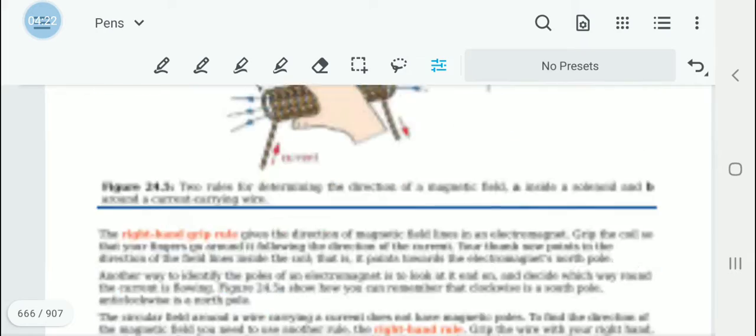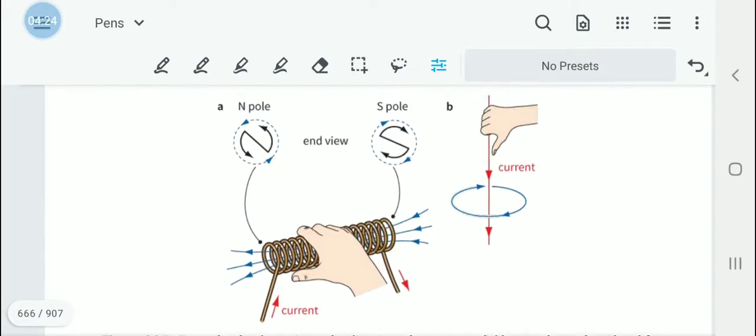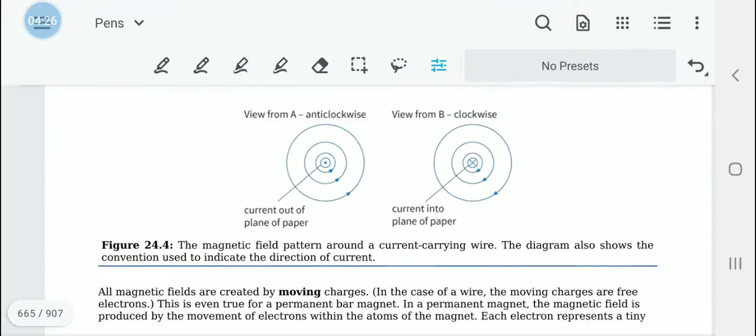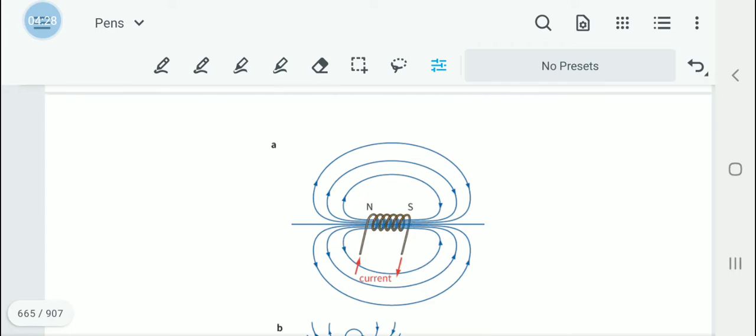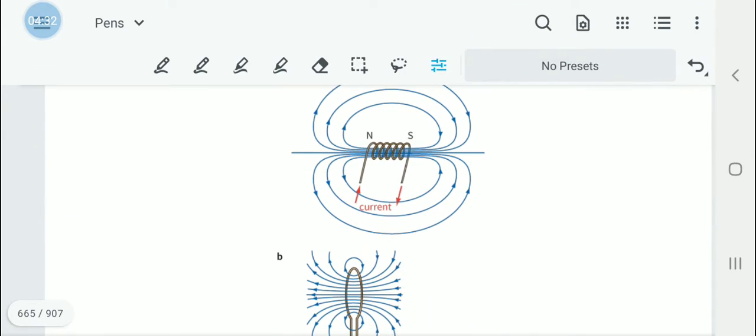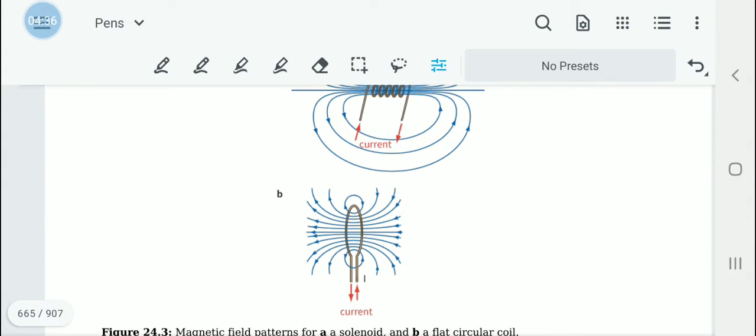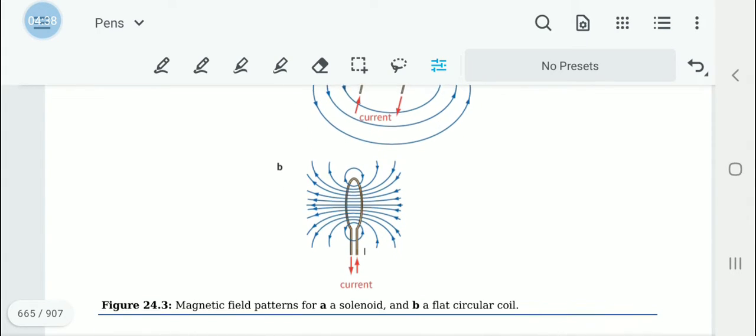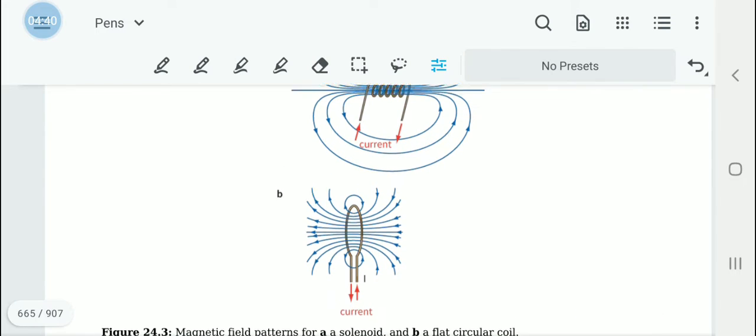Then a flat coil would have the same effect as well, right? Now this is what happens. Magnetic field patterns for a solenoid.